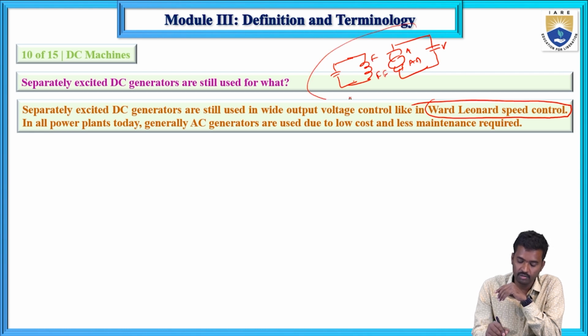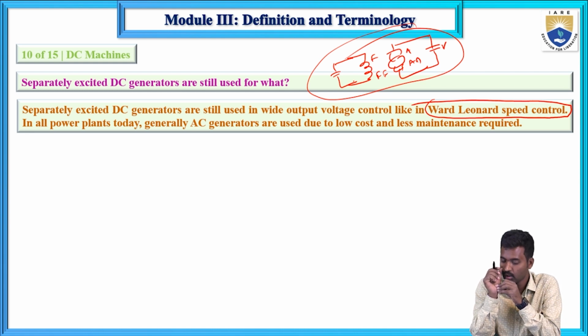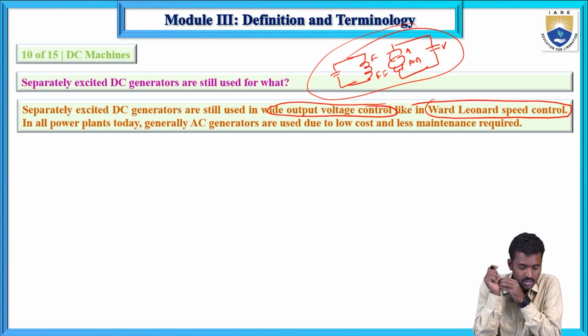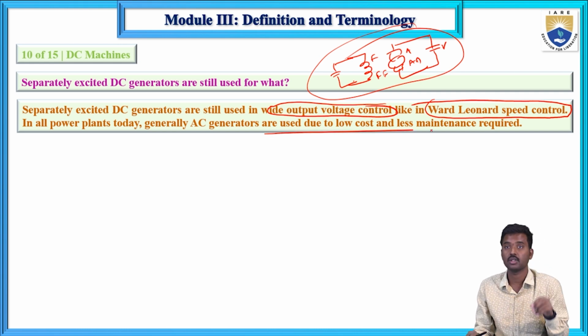In Ward Leonard speed control applications, it requires a separate field and separate supply, so we use a separately excited DC motor. This gives wide output voltage control. In power plants today, AC generators are used due to low cost and less maintenance.